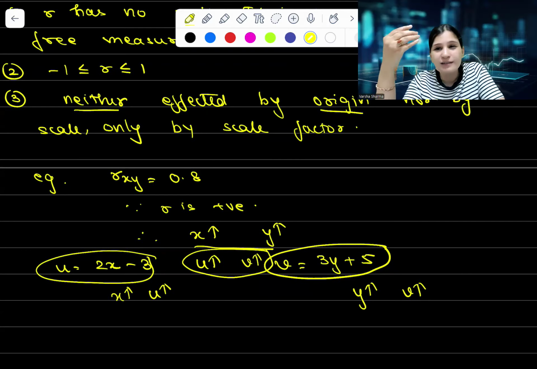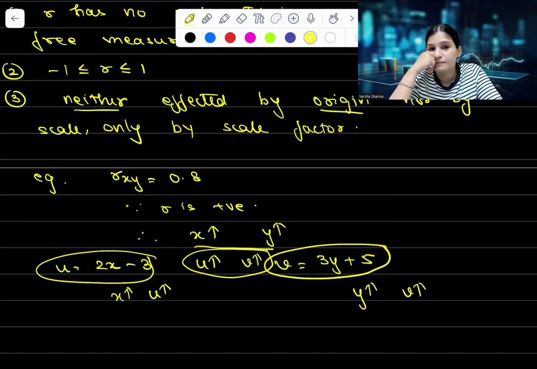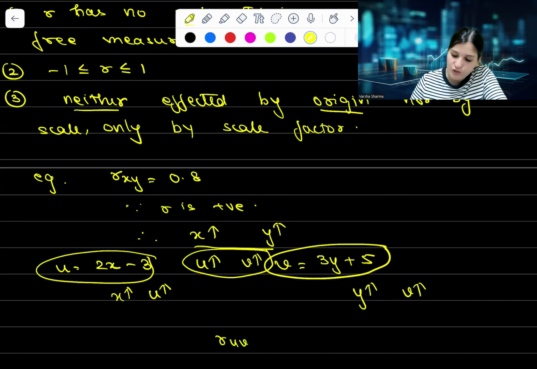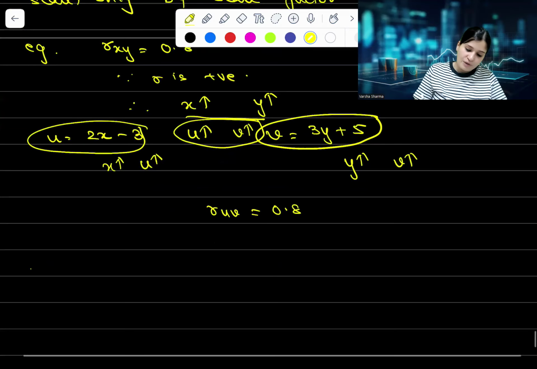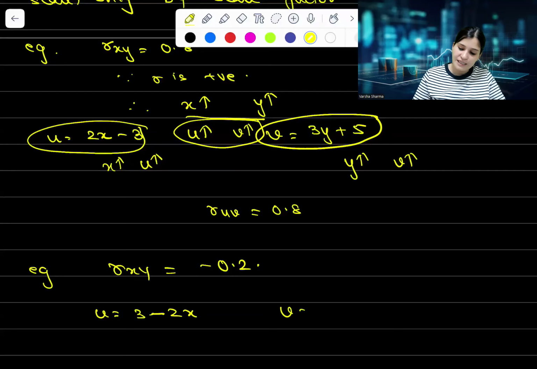If you're not able to understand so much, just remember, what I multiplied with X and Y, are they of the same sign? Then the correlation between U and V will remain the same. Whatever it was, it will remain the same. If the question would have been Rxy is minus 0.2 and U is 3 minus 2x, V is 5 plus 6y.